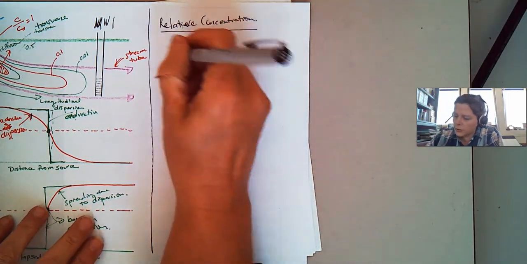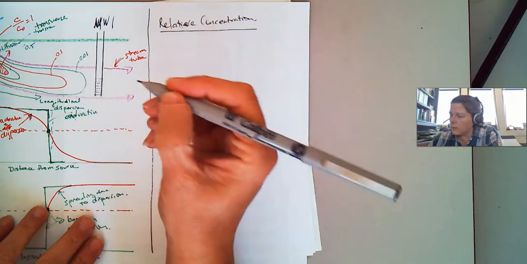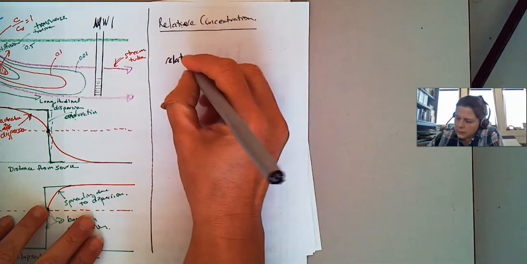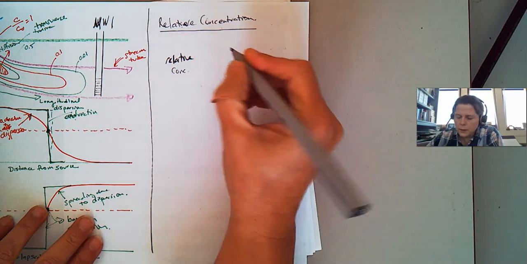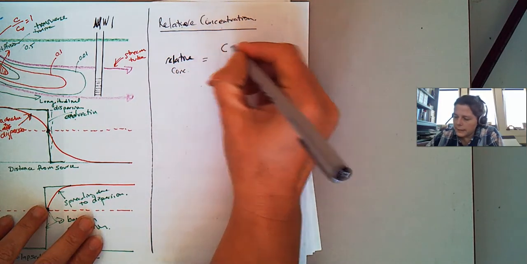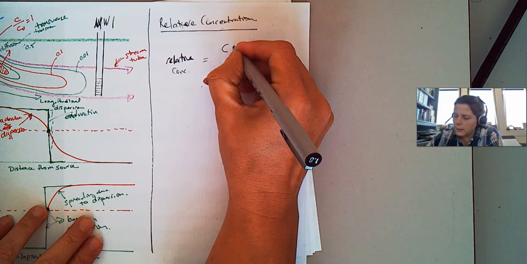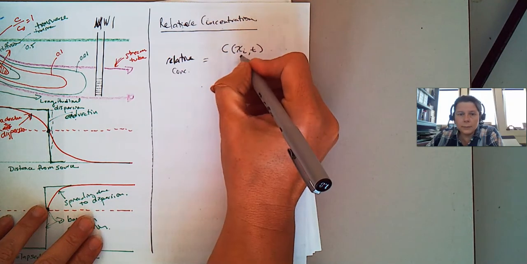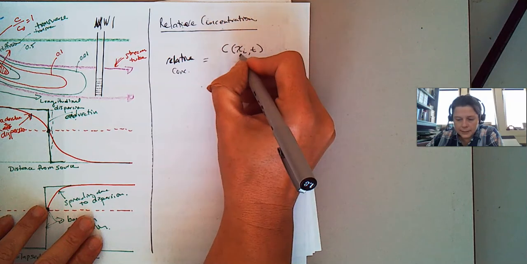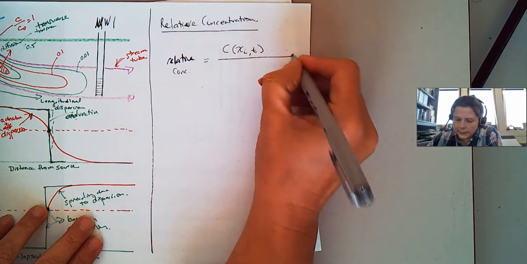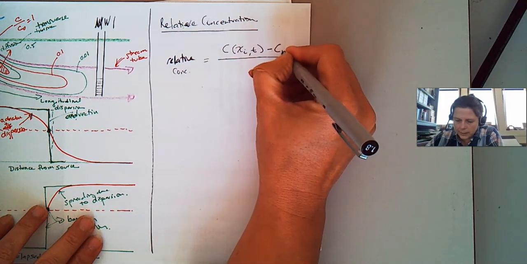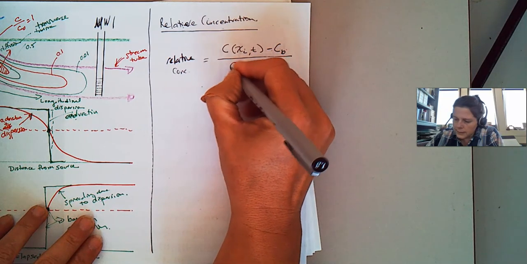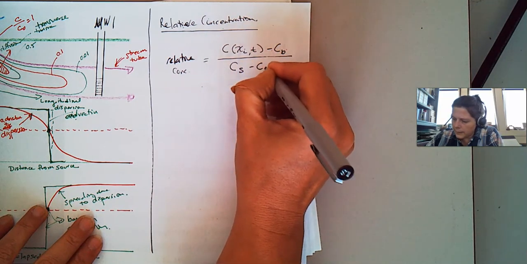So relative concentration, let's see here. Relative concentration equals C at x_i, t, so at a particular time and distance from it, divided by CB over CS minus CB.